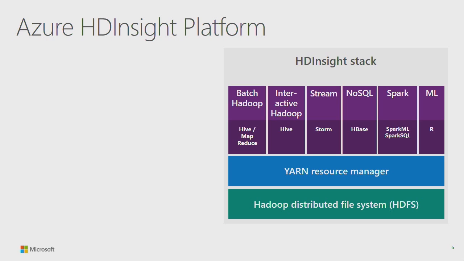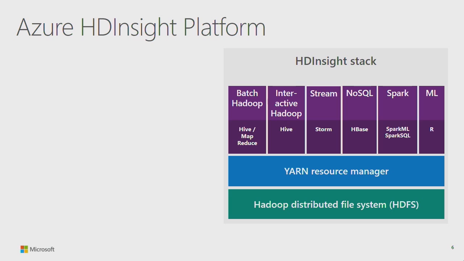So customers who typically want to use Storm, if they pick a Storm cluster, which is this one right here, the entire cluster is completely configured for Storm. So they don't have to waste resources for Hive or Hadoop or Spark or ML if that's not what they plan to use. So that's one of the advantages.